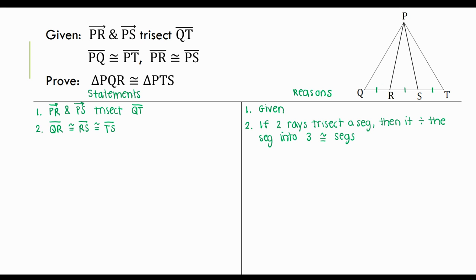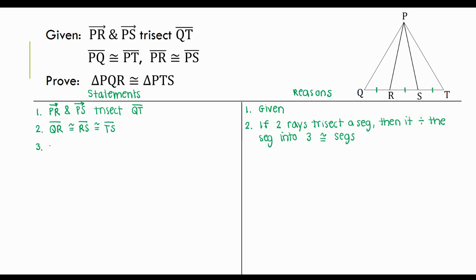I already marked it in my picture, but once again, the if part is what was given. We were given that 2 rays trisected a segment. Then is what we were concluding. In that statement number 2, we have then 3 congruent segments. We're not going to be able to expand off of that any further.